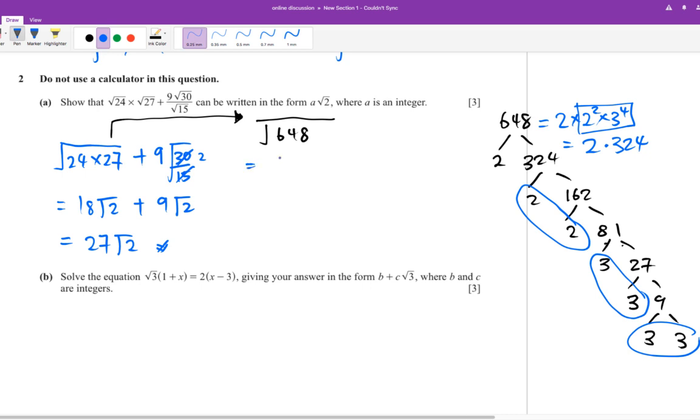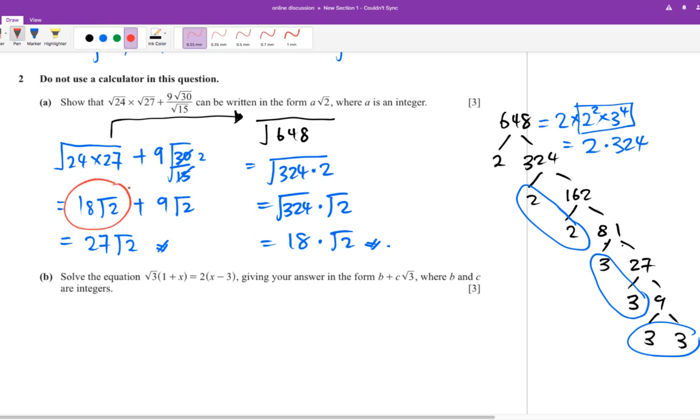So this one I will change into 324 multiply 2, and then it will become square root 324 multiply square root 2, then you will get 18 multiply square root 2. Just in case you do not know how to do, you can always show your working. How do you get the 18 surd 2? This is how I get the 18 surd 2 from here. So I hope you can understand.